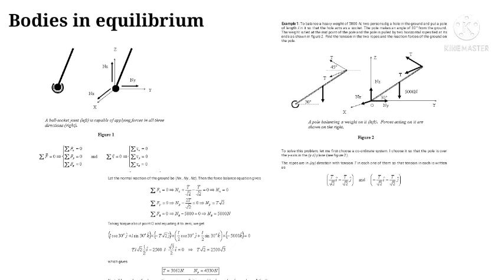The pole makes an angle of 30 degrees from the ground, and the weight sits at the midpoint of the pole. The pole is pulled by two horizontal ropes attached at its end, as shown in figure 2. Find the tension in the two ropes and the reaction force at the ground.